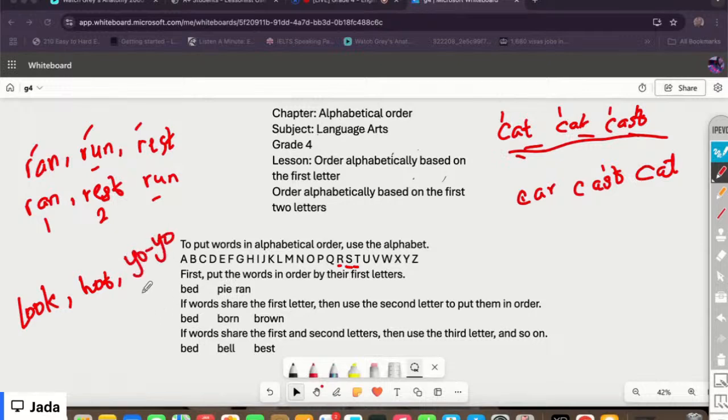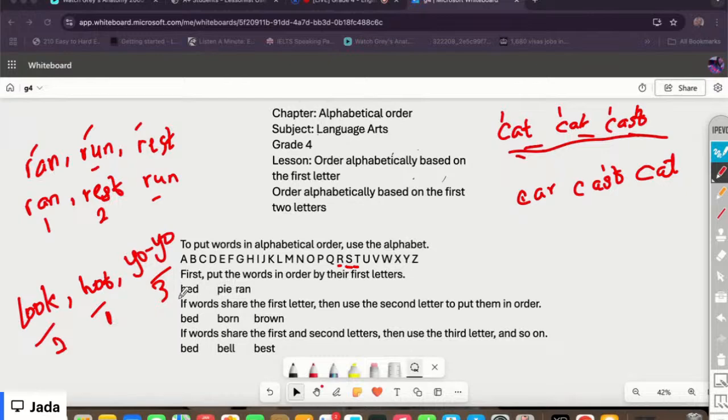Okay, so we have different words and they have different first letters. So we will check which one comes first. You're gonna check your alphabet, and hot will be the first, look will be the second, and yo-yo would be the third. So that's how it goes.